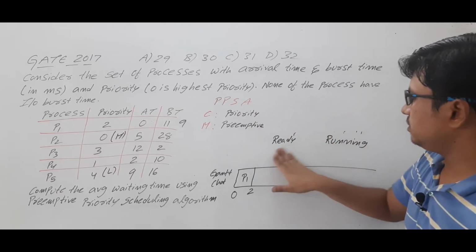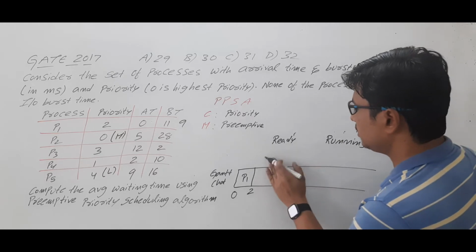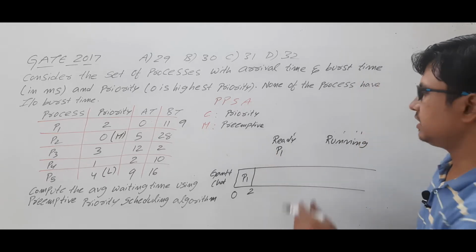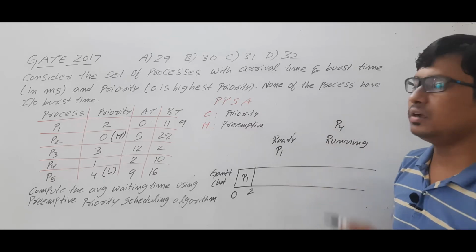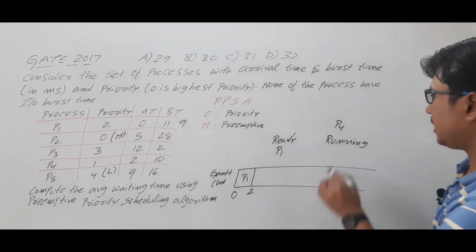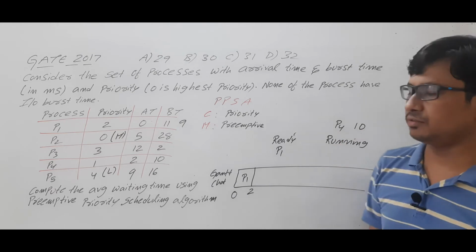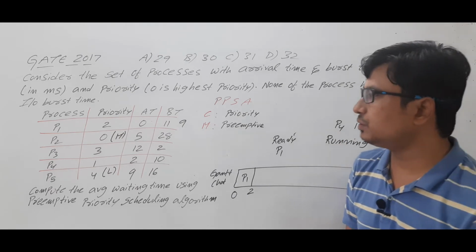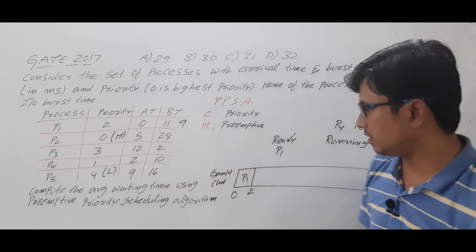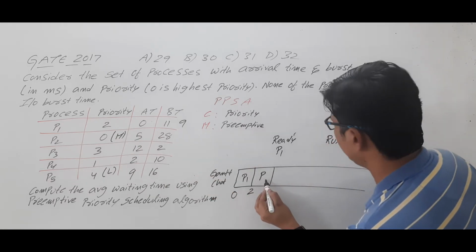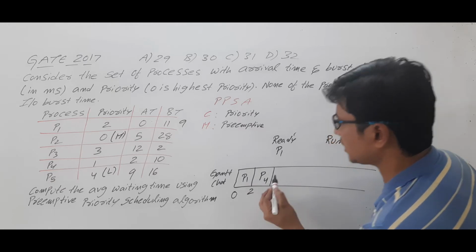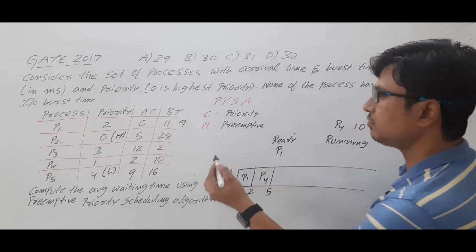Process P1 will be shifted to the ready state and process P4 will be scheduled to the running state. Process P4 needs 10 units of burst time, but you need to look at when the next process will come, at 5 units of time. So you can run process P4 for 3 units of time.